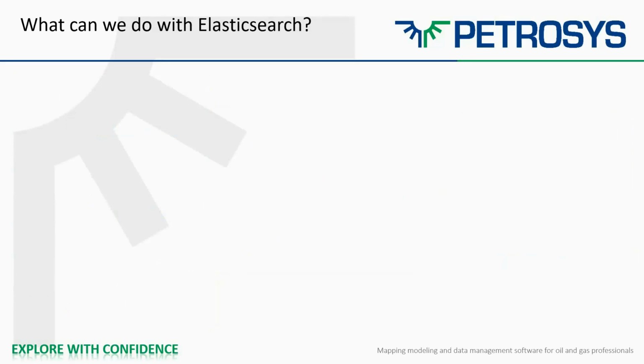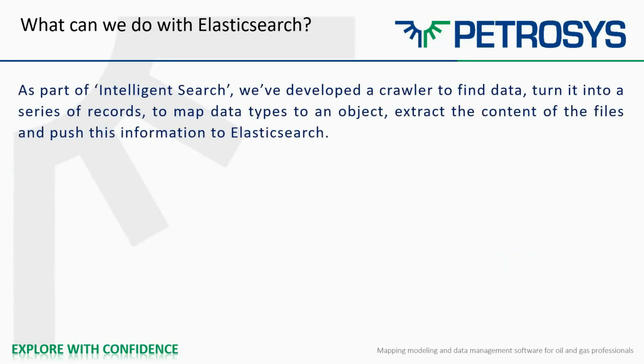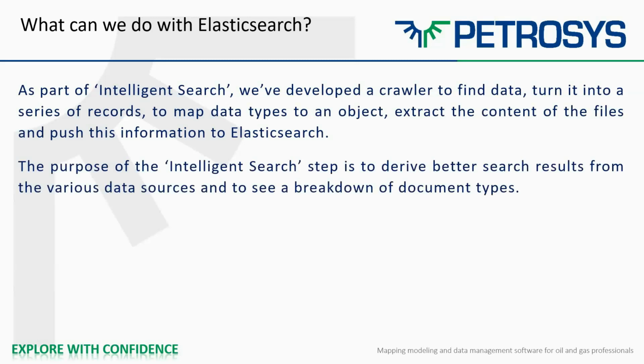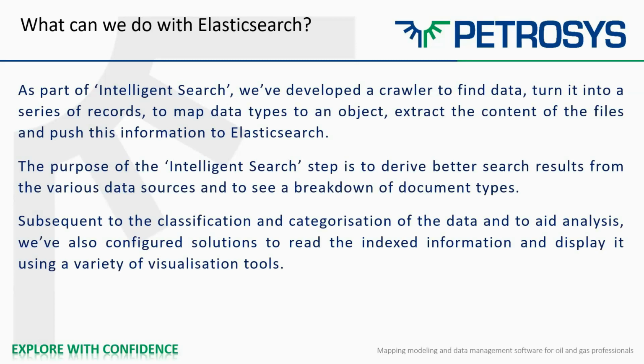As a part of the intelligent search process, we've developed a crawler to find data, turn it into a series of records, to map data types to an object, extract the content of the files, and push this information into Elasticsearch. The purpose of the intelligent search step, step 1, is to derive better search results from the various data sources and to see a breakdown of document types, which also intelligently takes advantage of the contents contained in various records.